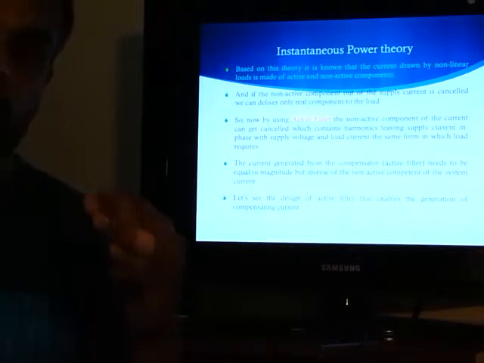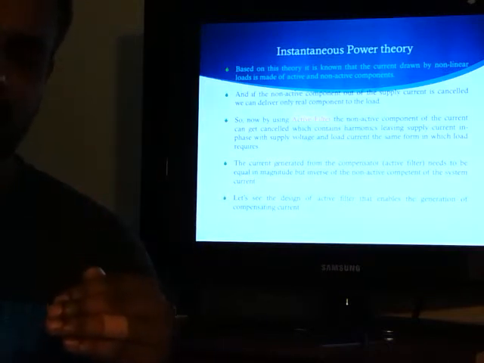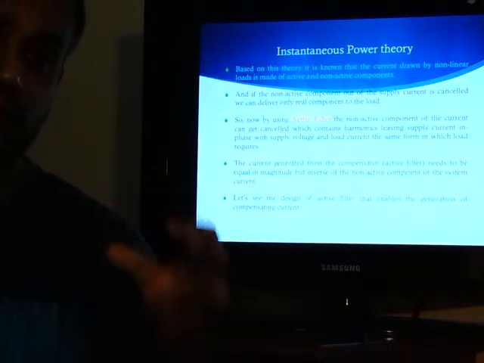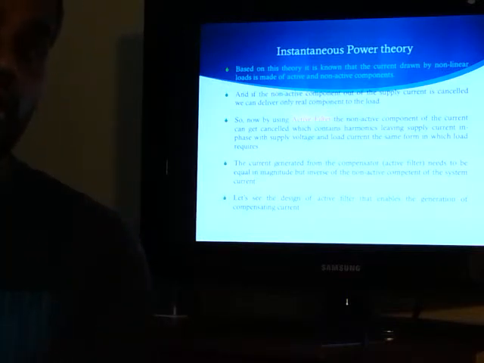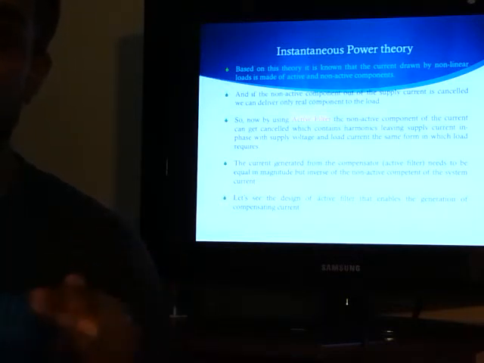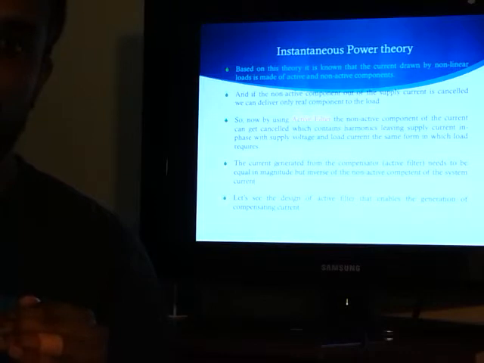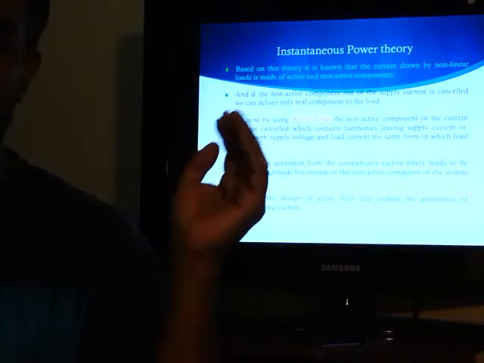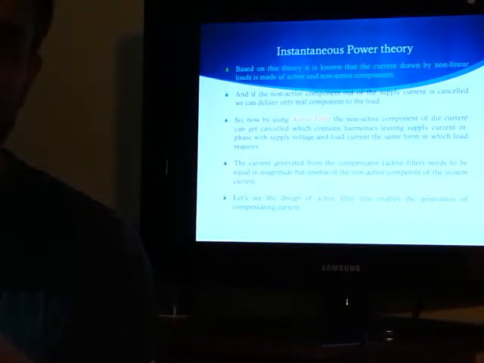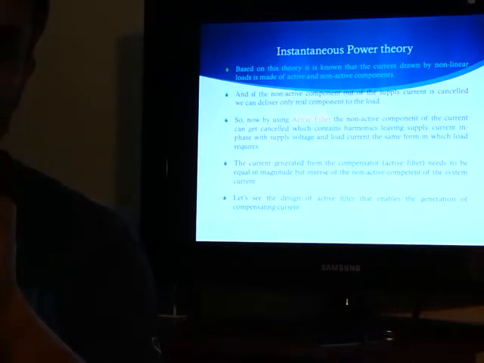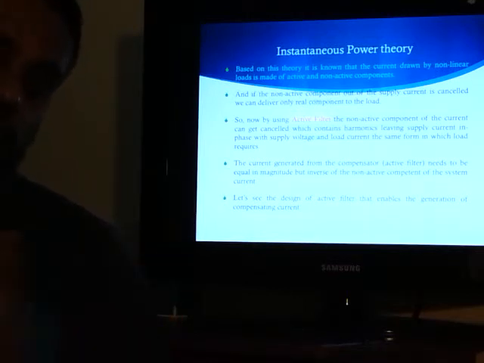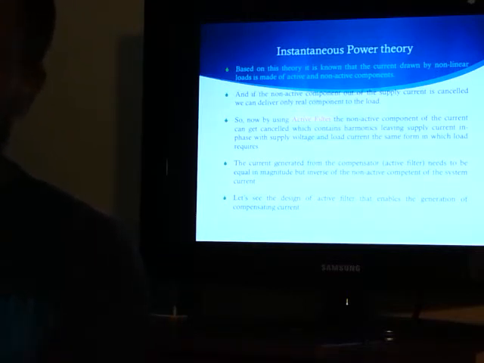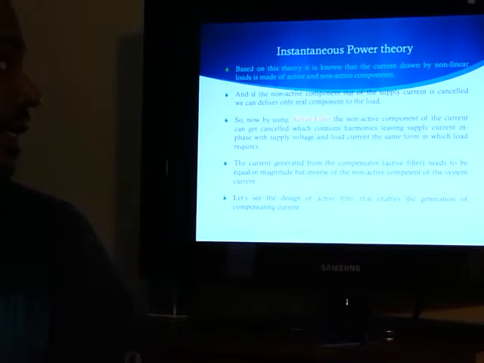Its purpose is to generate that same non-active current with the same magnitude but a 180 degree phase shift, so that, for example, if the non-active current is plus, this is minus, and when they connect, it cancels it off. So basically we are cancelling the non-active current that flows in the system using this active filter.